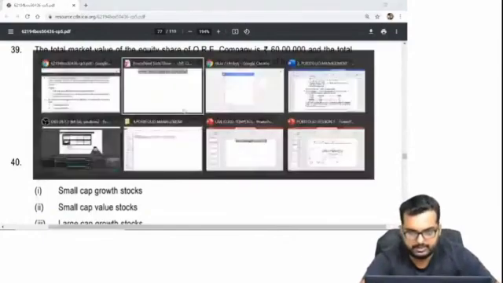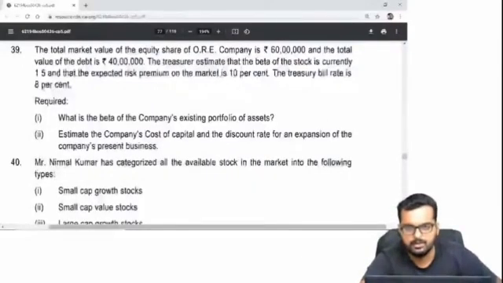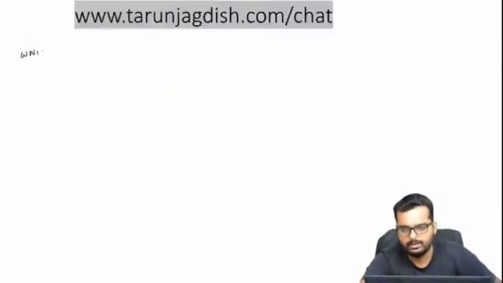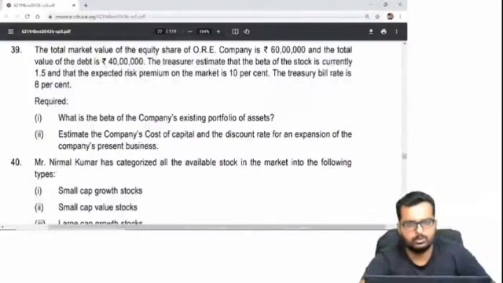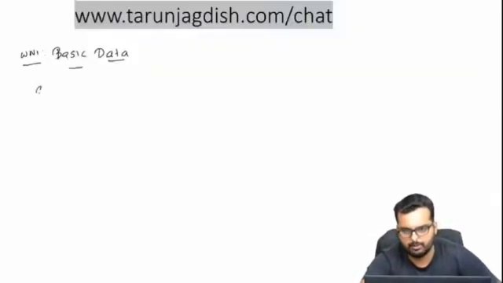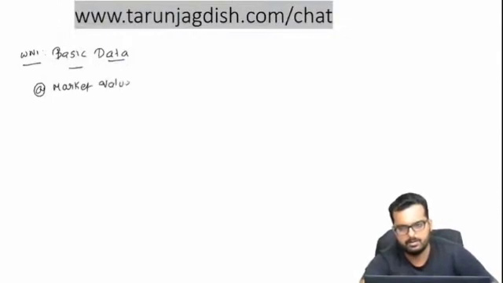Let's write down the basic data first, friends. Working note number 1, basic data. The total market value of the company is 60 lakh equity share. Point number A, market value of equity, this turns out to be how much? 60 lakhs.